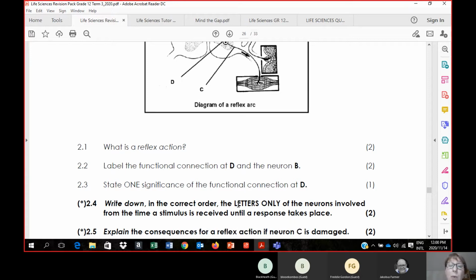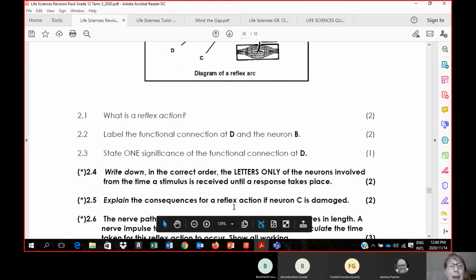Write down in the correct order the letters of the neurons involved from the time a stimulus is received until a response takes place. You'll definitely be able to do that. We're going to leave out 3 and do number 4. And then this one also, I want you to think about carefully: explain the consequences for a reflex action if neuron C is damaged.